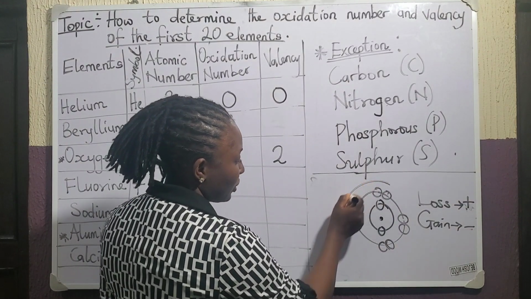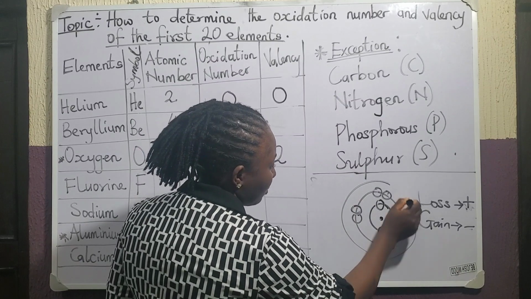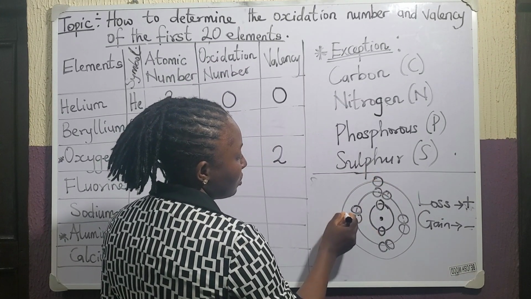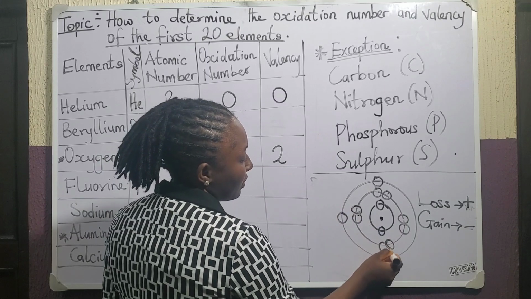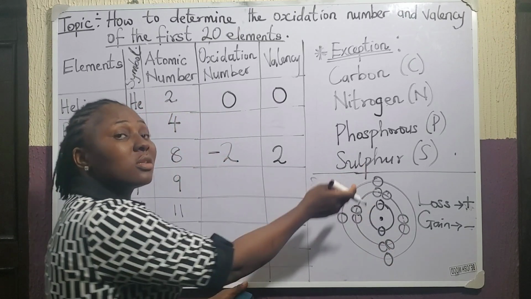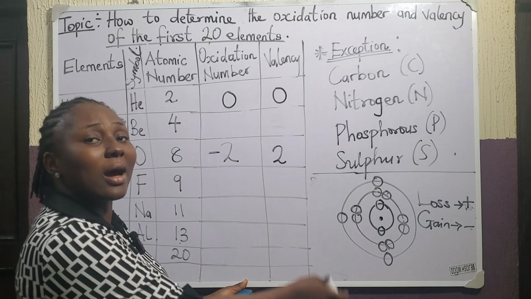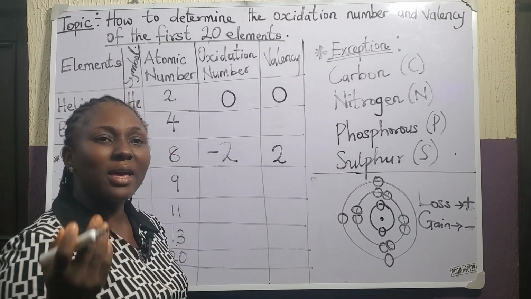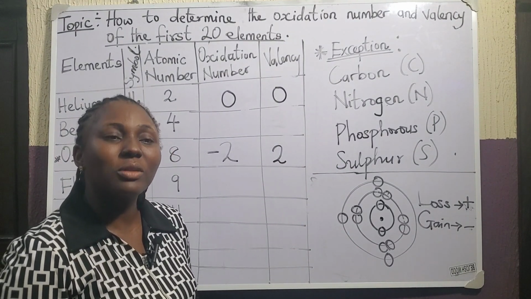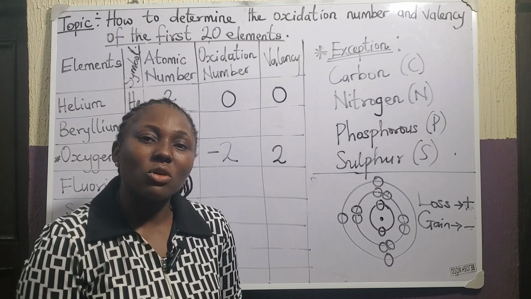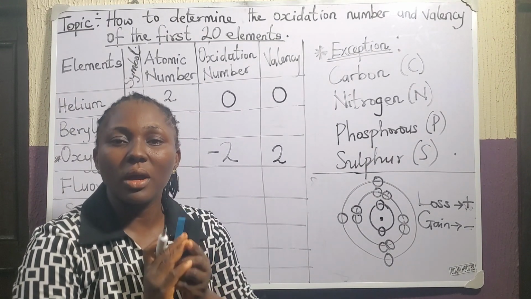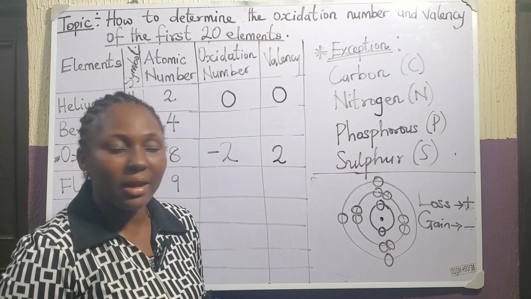So another shell will come in, the third shell. Then 11, 12, 13. So this is the structure of a neutral atom of aluminium. What do I mean by a neutral atom of aluminium? The one that has not either lost or gained an electron.